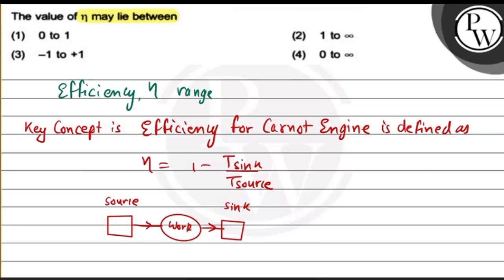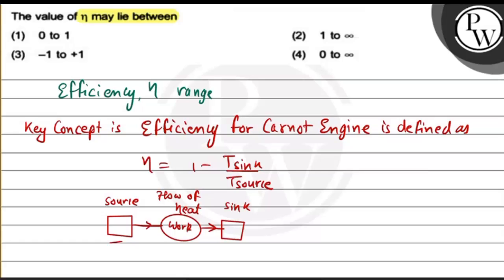There is flow of heat from source to sink, and a work is done by the engine.